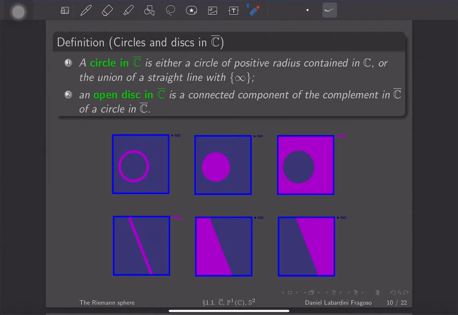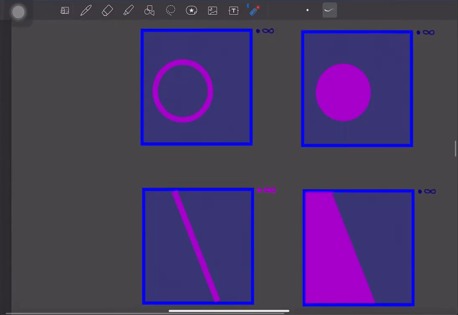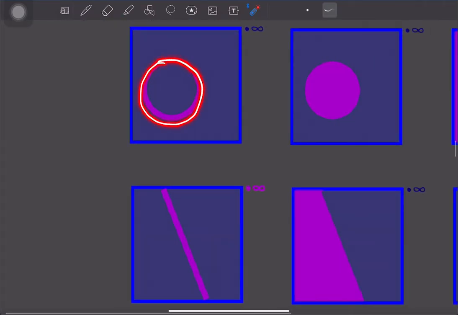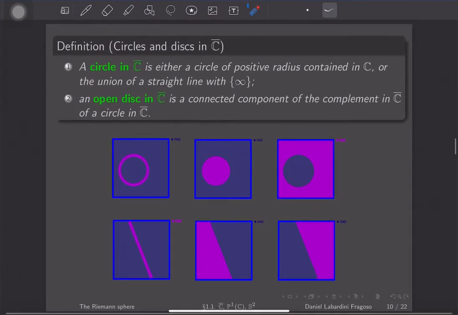Some examples: of course, this is a circle in C bar because it's simply a circle in C, and then this line union the point at infinity would be another circle in C bar. So that's my new notion of circle.